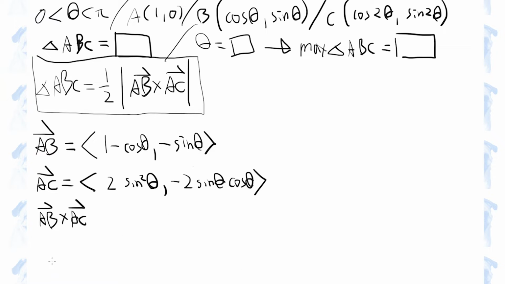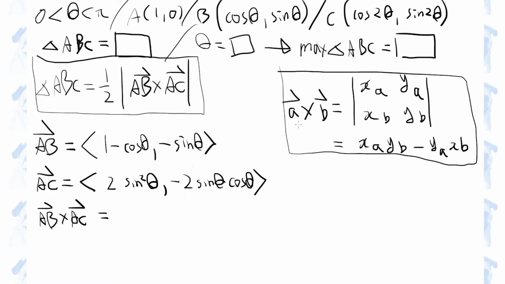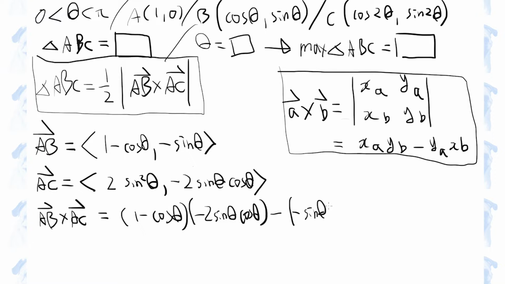Next, let's find the cross product of vector AB and vector AC. Recall that the cross product of vector A and vector B is the x component of A times the y component of B minus the y component of A times the x component of B. Therefore, 1 minus cosine theta times minus 2 sine theta cosine theta minus sine theta times 2 sine theta squared.